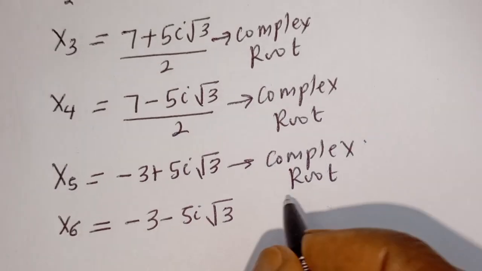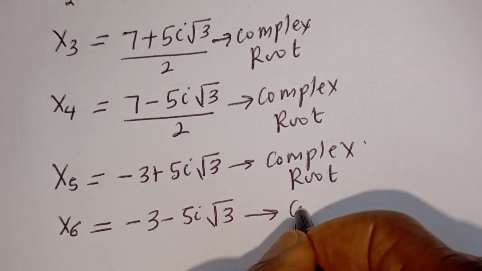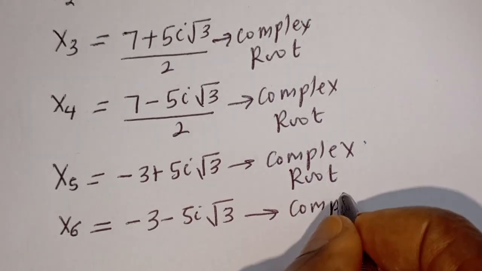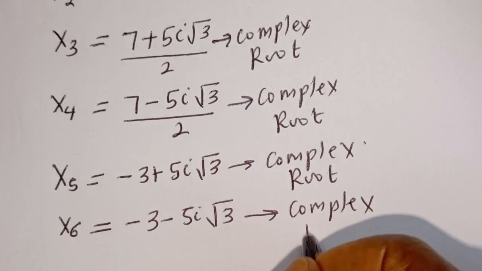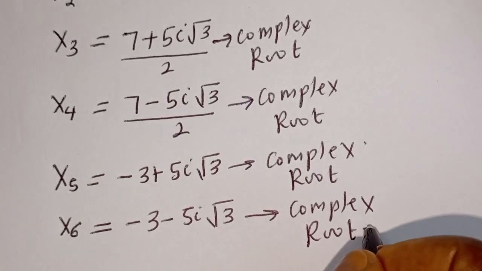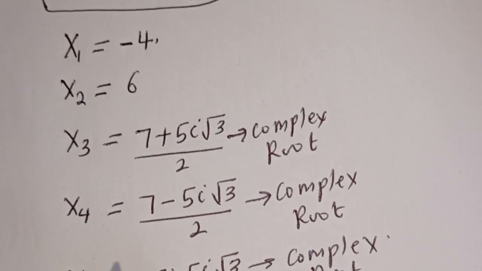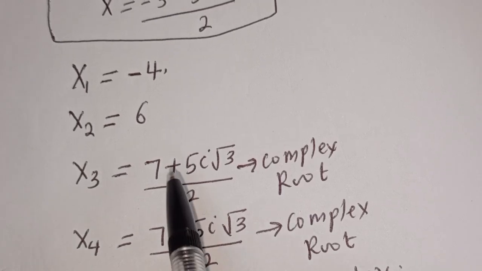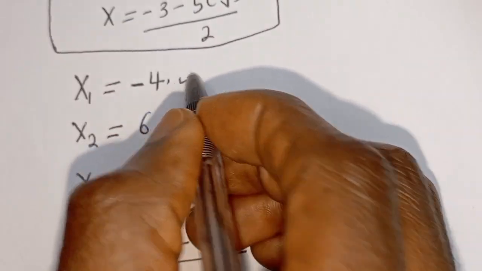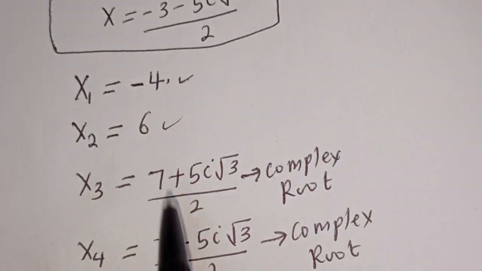And lastly, this is a complex root. We can check to confirm if our answer is right or wrong using these 2 real roots that we have, minus 4 and 6.